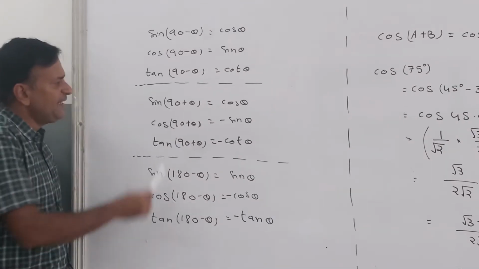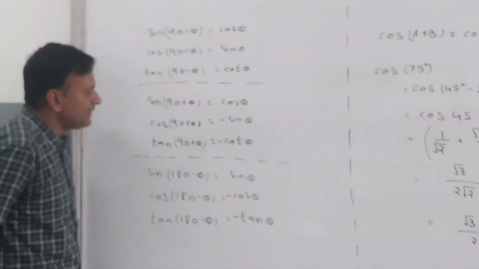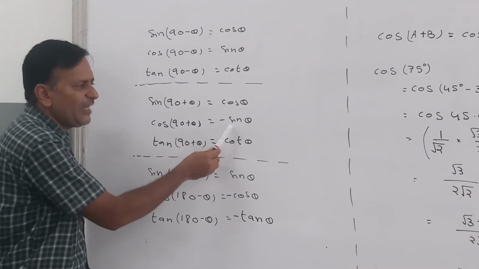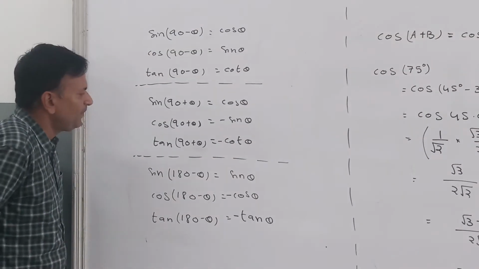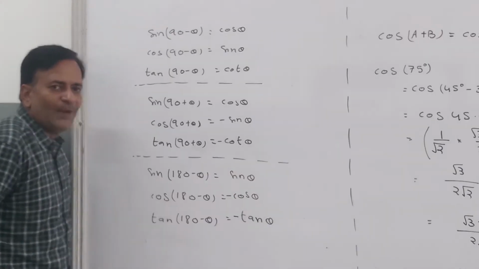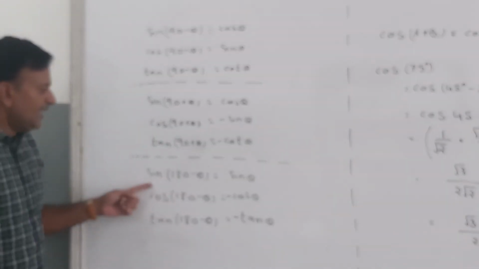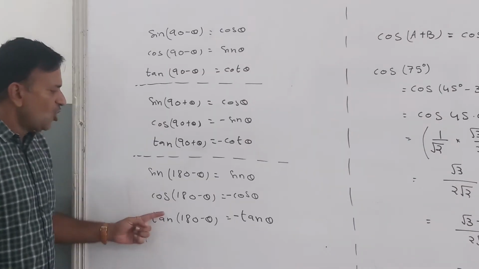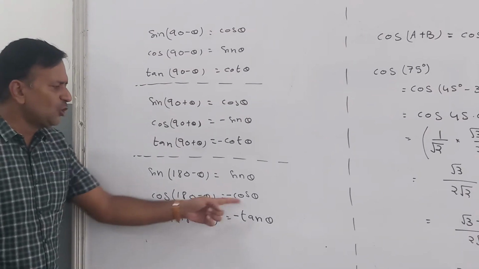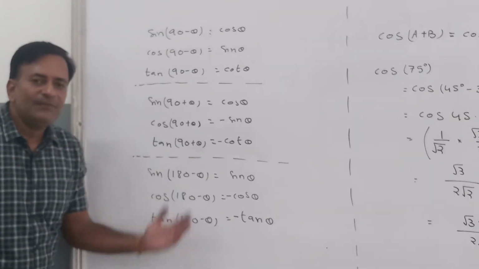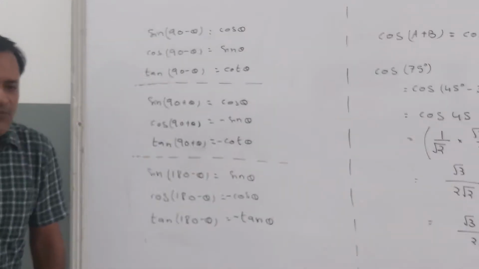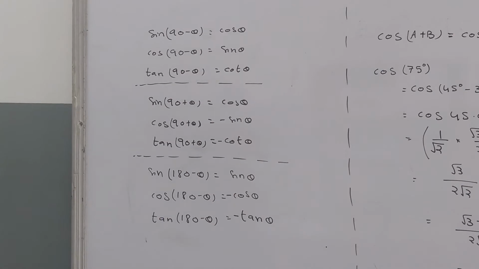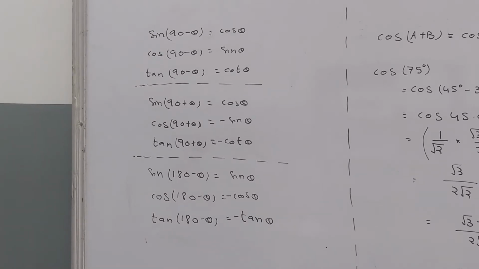Again, the list of second: sin(90 plus theta) equals cos theta, cos(90 plus theta) equals minus sin theta, tan(90 plus theta) equals minus cot theta, sin(180 minus theta) equals sin theta, cos(180 minus theta) equals minus cos theta. These are a few formulas, and now we will do some simple questions based on these formulae.